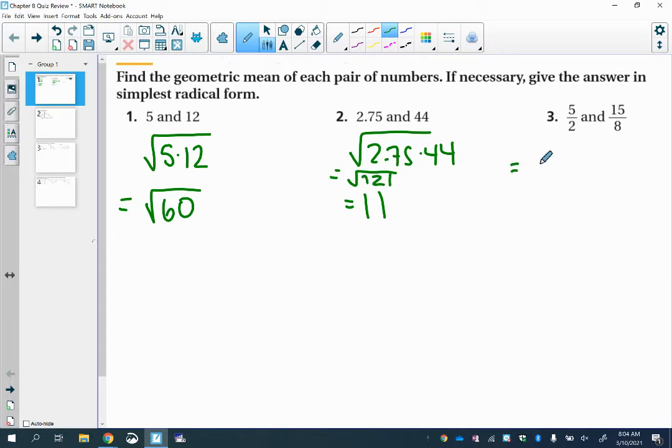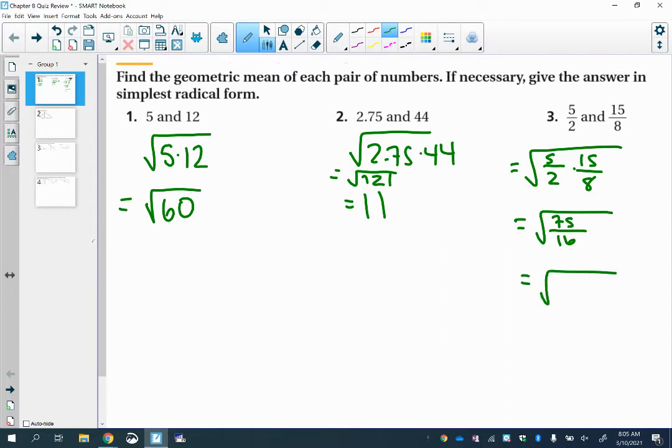All right, now the square root of 5 over 2 and 15 over 8. I'm going to write it out. On top I'm doing 5 times 15, which is 75, and then 2 times 8 on the bottom. So I've got the square root of 75 over the square root of 16.